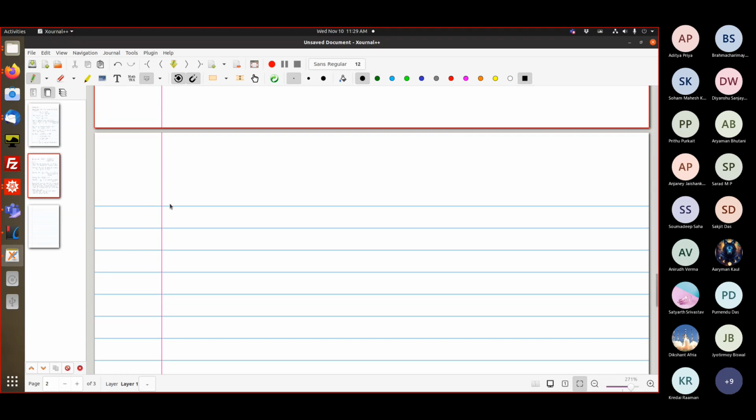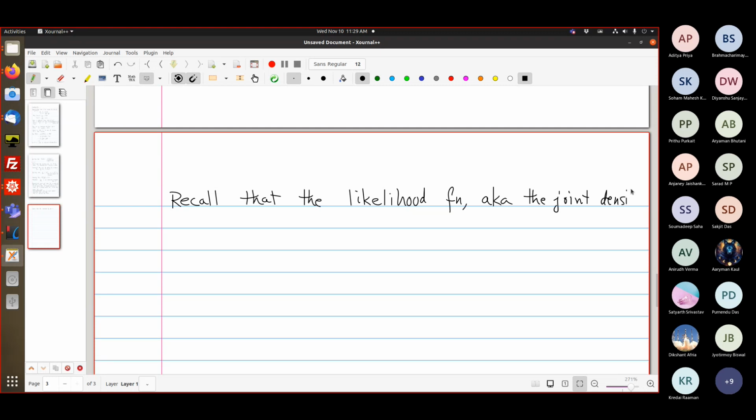Okay. So recall that the likelihood function, aka the joint density, is f of Y1 up to Yn, evaluated at small y1 up to small yn. By independence, this is the product over i of f sub Yi of small yi.